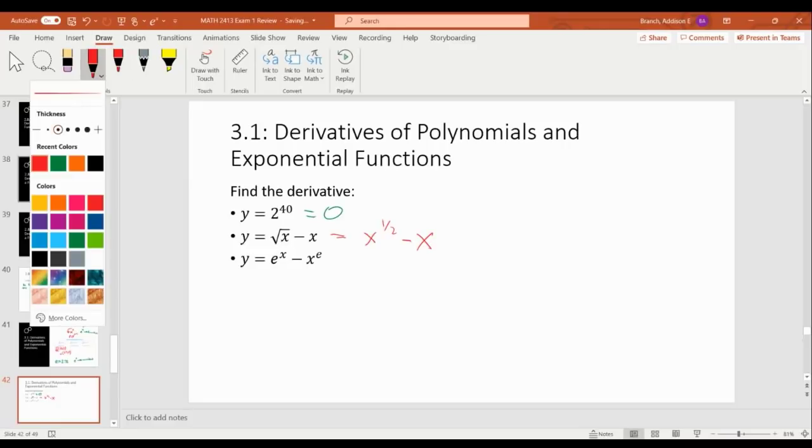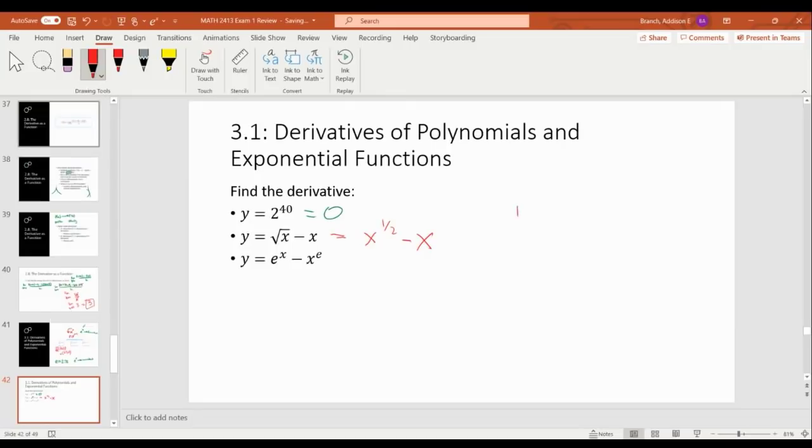So when we take the derivative, we'll bring down each one. For that first part, we'll bring down that 1/2 x, and then 1/2 minus 1 is going to be negative 1/2, minus, and then we have our minus which will stay out there, and then the derivative of x will just be 1.